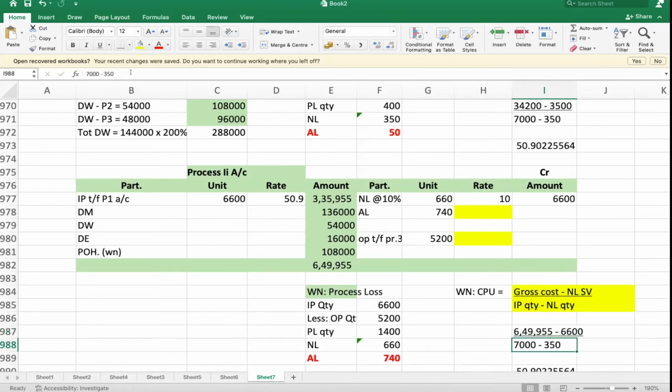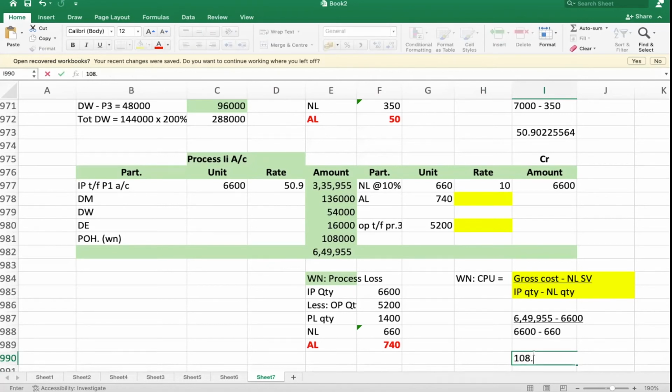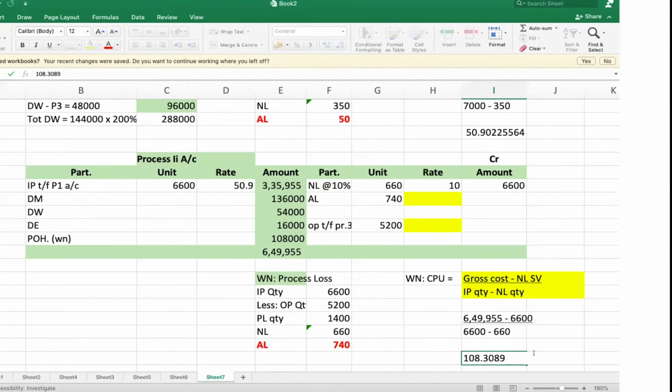Divided by input quantity 6,600 minus normal loss quantity 660. So how much is the cost per unit? 108.3089. Very good.